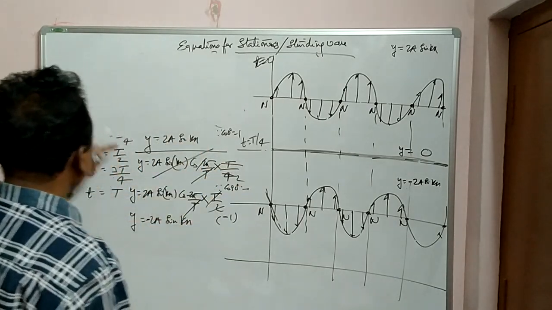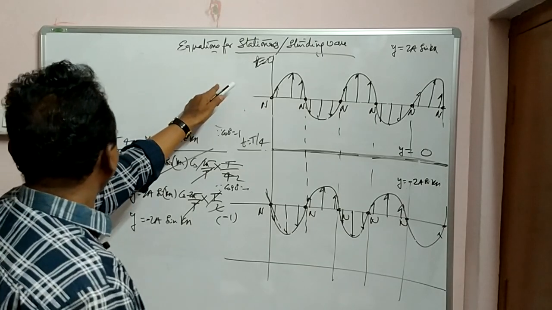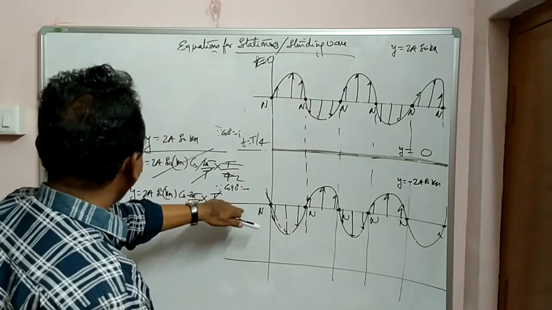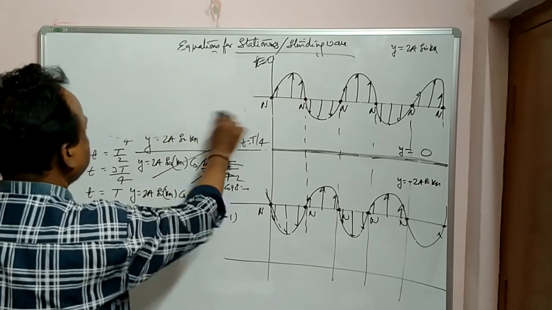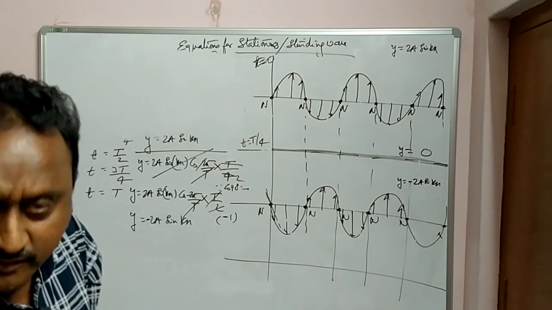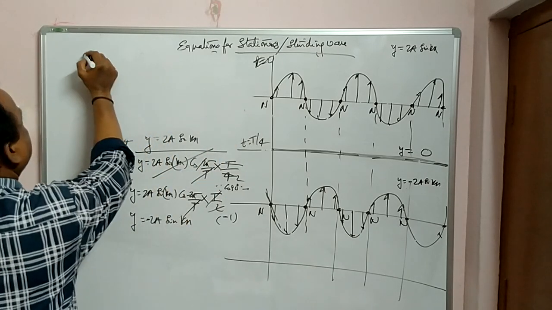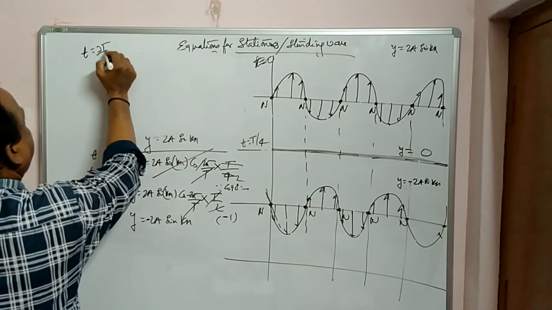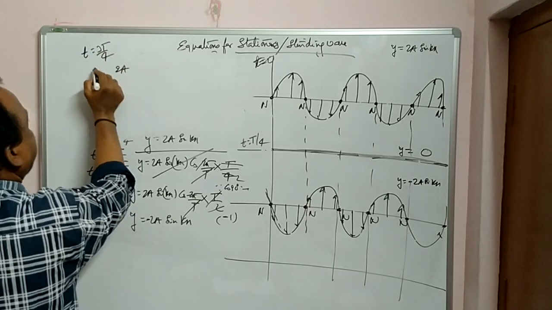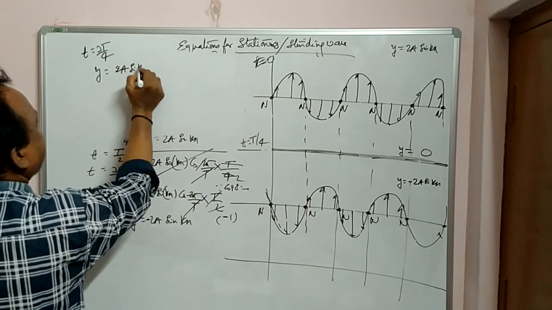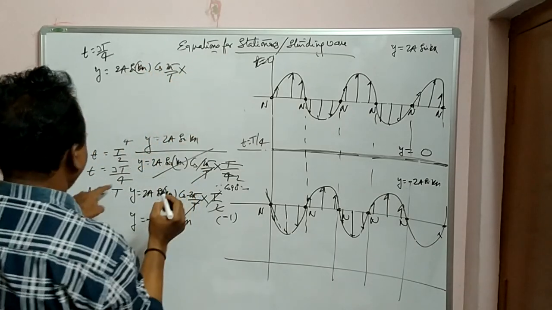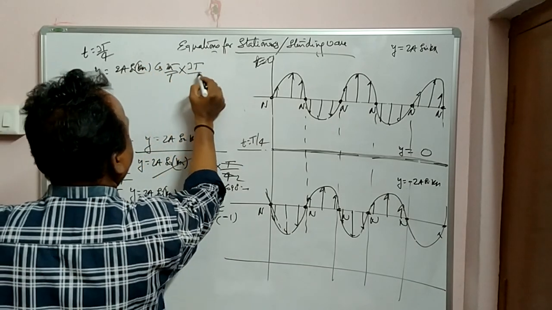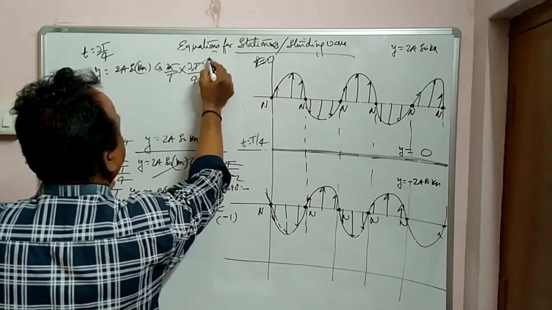You have drawn 3 points, time equal to 0, t by 4, t by 2. You can also find out for 3t by 4: 2a sin kx cos 2 pi by t into 3t by 4.